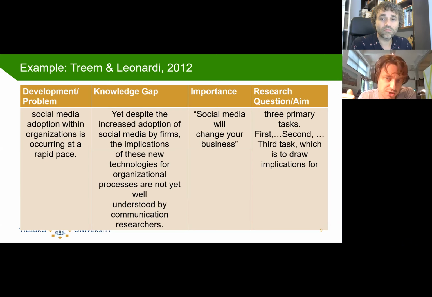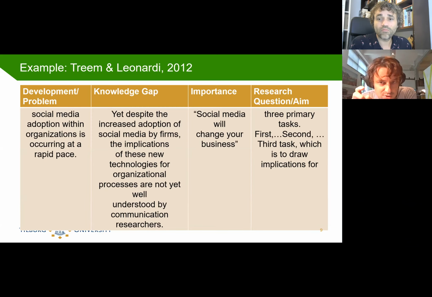That is not a problem per se, or it could be a problem, but it's a development that they are observing, and that is the start point of this article. And then they present a pretty explicit knowledge gap. They say, despite the increased adoption, the implications of these new technologies are not well understood, right?